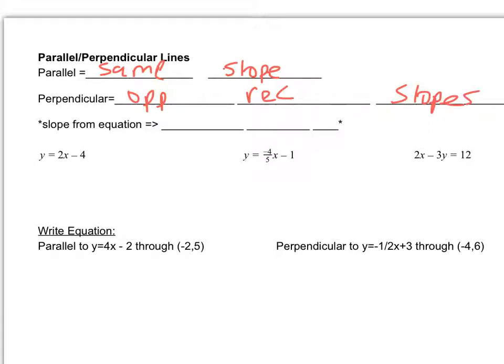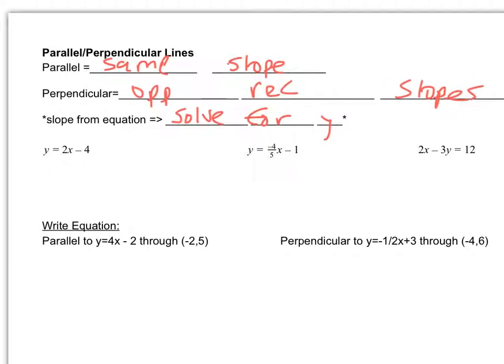And if I want to find slope from an equation, I need to make sure that I am solving for y. That means y is by itself. So in this first equation, the y is by itself. So I can just look and see my slope. So my slope would be 2.